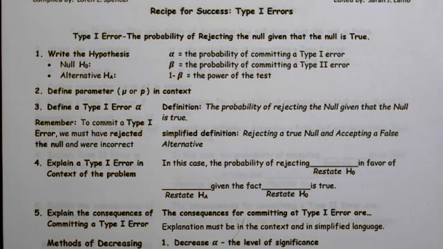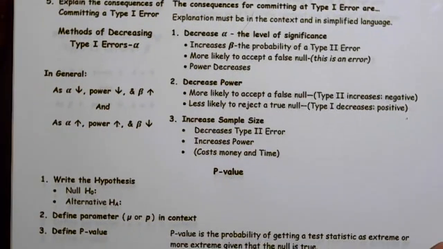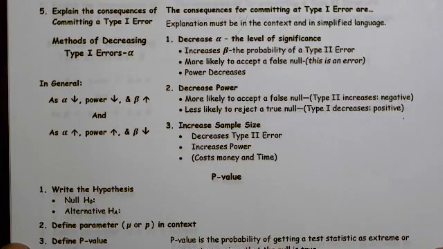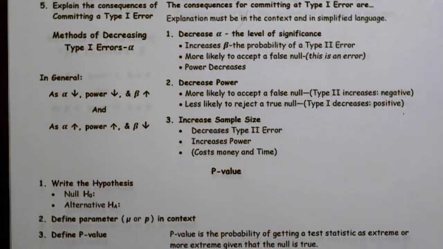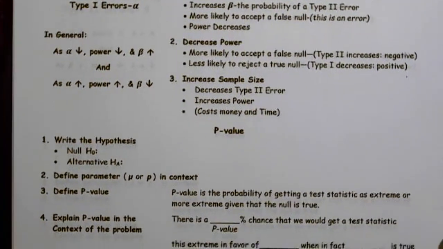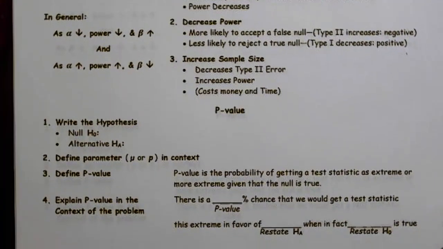Now, I have the recipe of success that I used to use, and I highly recommend that you take a moment and read through this. I'll leave this on the screen for just a second so you can do that, and then I'll slide it up. I'm not going to read this to you. However, I will say that it contains a substantial amount of information that I think you'll find very useful.